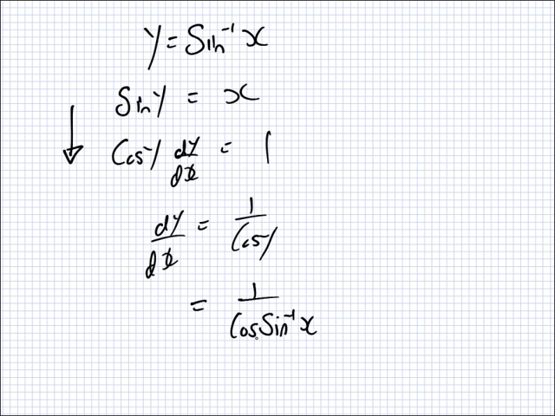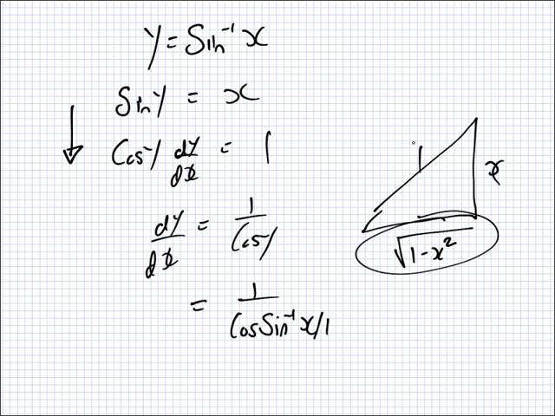So that's equal to 1 over cos of sine inverse x. Now we want to simplify this. So I draw my triangle. Sine is opposite over hypotenuse, so this side is root 1 minus x squared. What's cos? Cos is this over 1. So the answer is 1 over root 1 minus x squared.